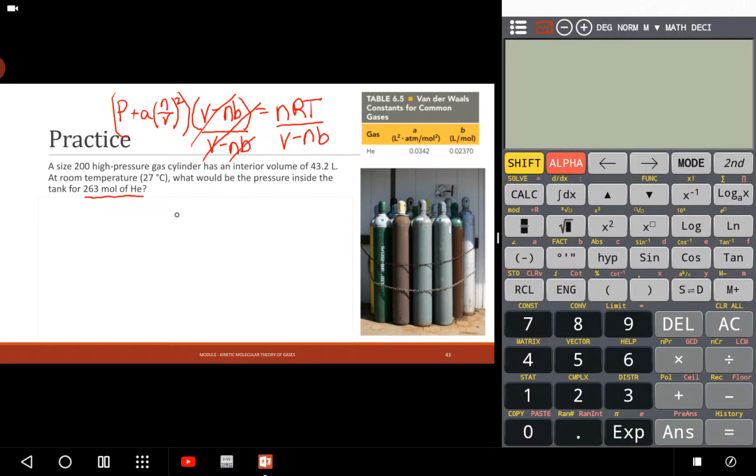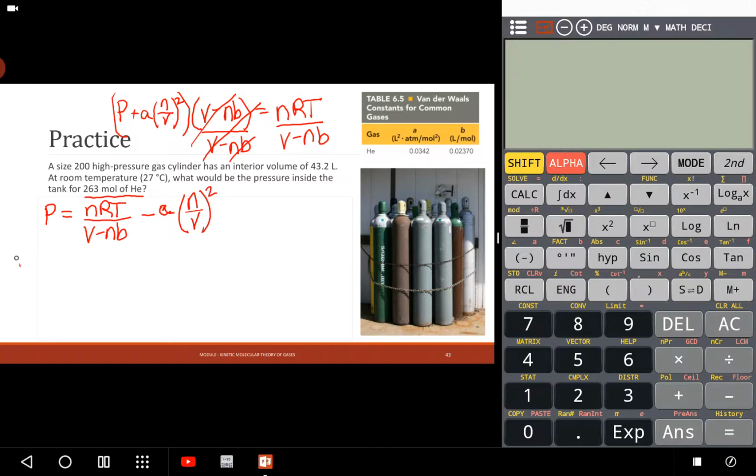So that's going to cancel that out, and then we're going to subtract that A term from both sides and end up with pressure is equal to N R T over V minus N B. And then we are subtracting that term from both sides so that it moves over here, and over V squared.